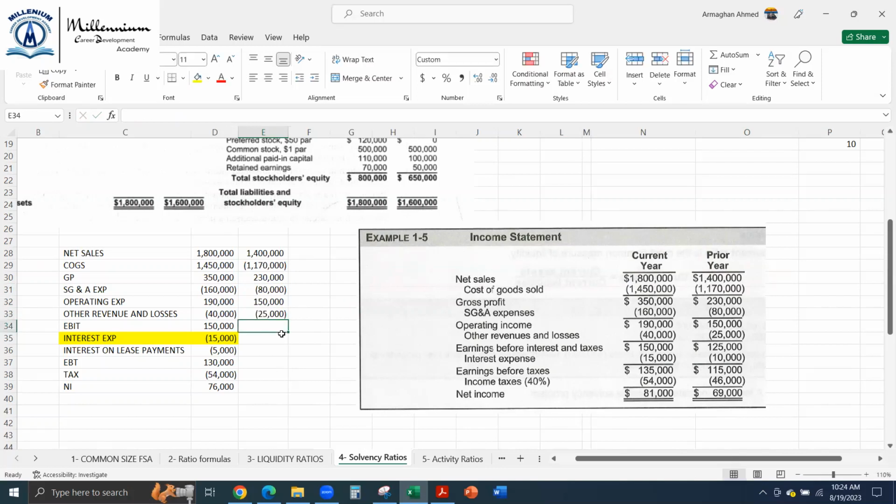That is 150 minus 125, and interest payment is 10,000, and interest on lease payment I am keeping same, minus 5,000. So that will be 110. So there's a difference as per the book.